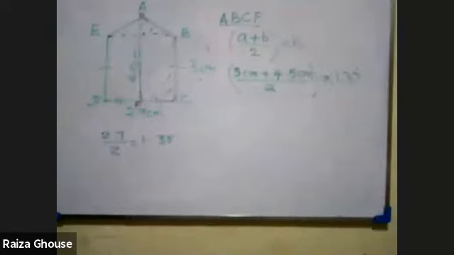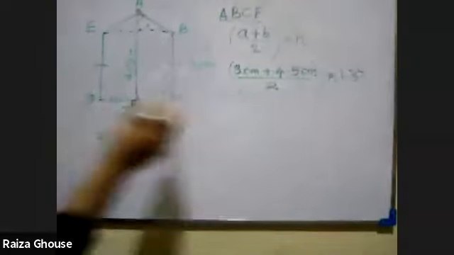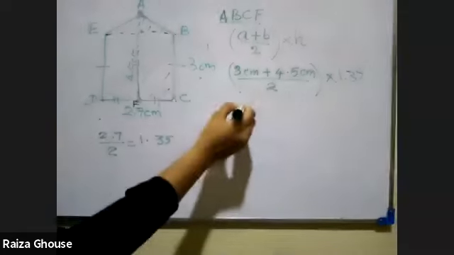Don't panic, just find out that 1 centimeter represents 600 centimeter. 600 centimeter means 6 meter. So 1 centimeter is showing 6 meter. Then you have to find what 3 centimeter means. 3 centimeter means 18 meters.